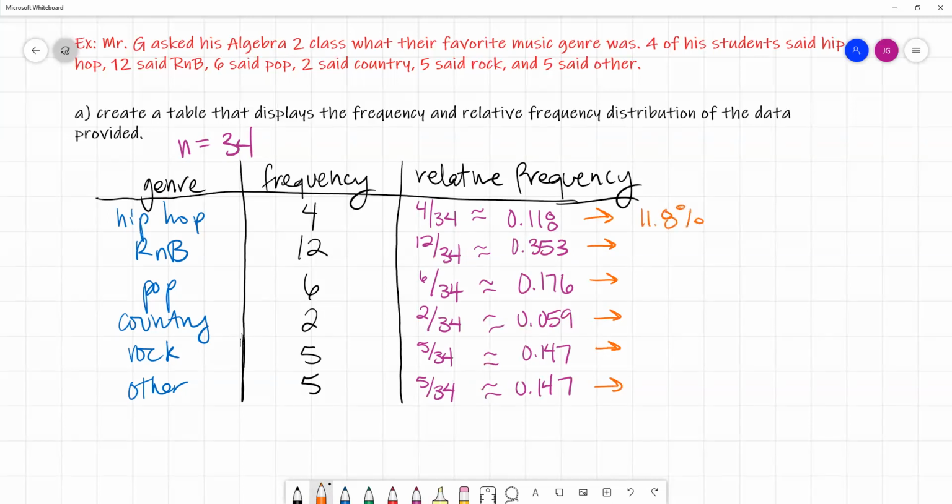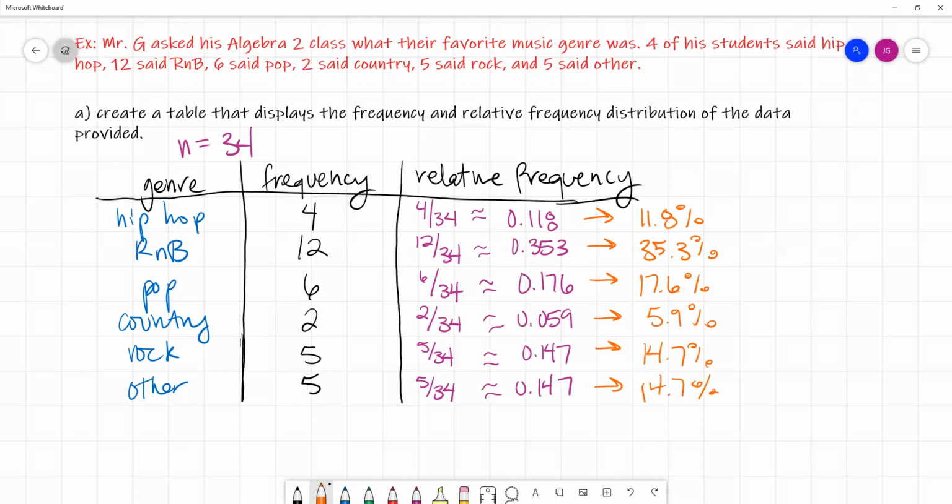So that means that 11.8% of students in this class like hip hop, and so on and so forth: 35.3% like R&B, 17.6% like pop, 5.9% like country, and 14.7% for both rock and other.